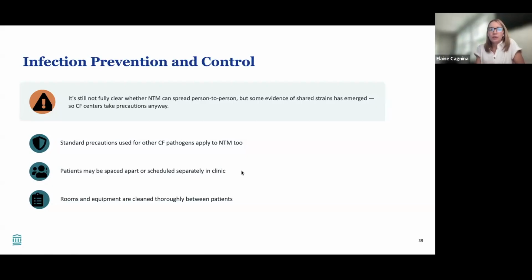So, just like everything else, we use standard infection prevention and control for these organisms, just like we would do for any other CF pathogen. So again, you'd be spaced apart or scheduled separately in clinic, similar to what we do now, and it is effective for NTM as well as bacteria.